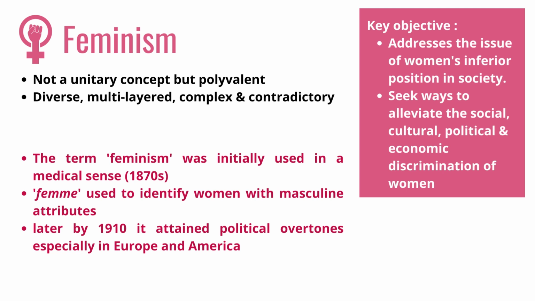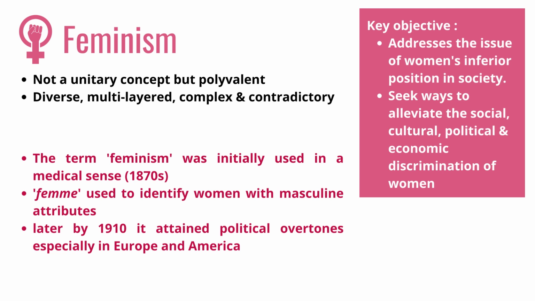Now, what is the key objective of feminism? Feminism addresses the issue of women's inferior position in society. We all know the gender inequality that is prevailing in all communities, in all cultures, be it Western society or Eastern society.